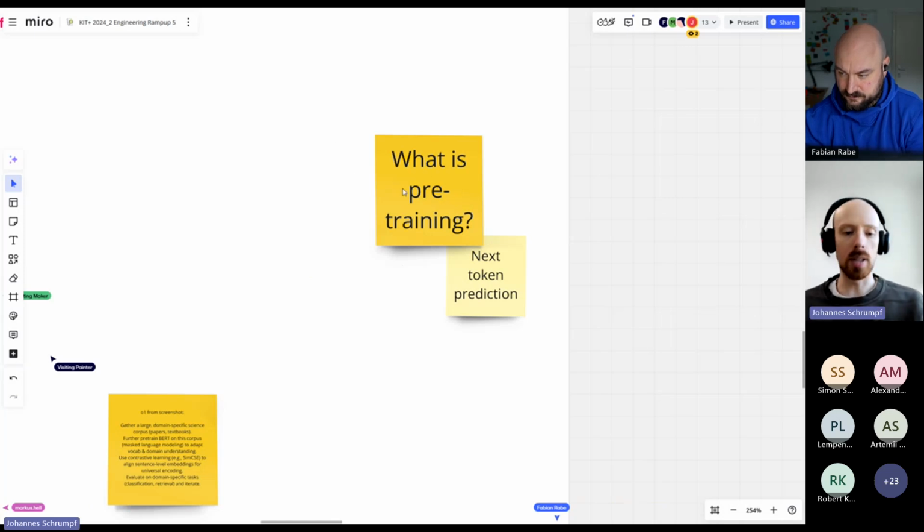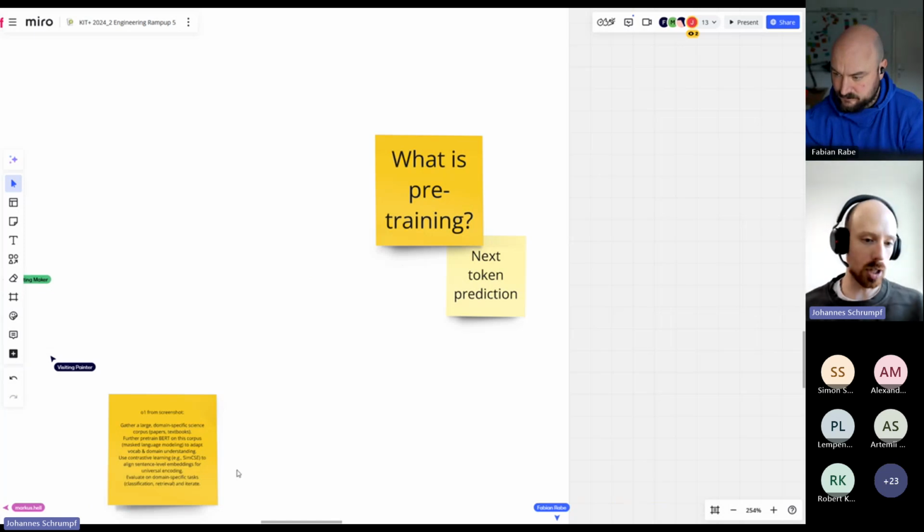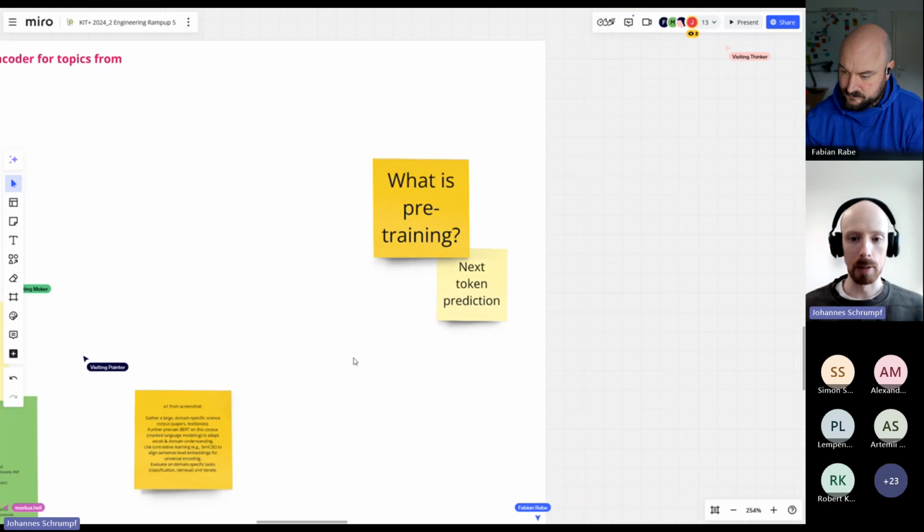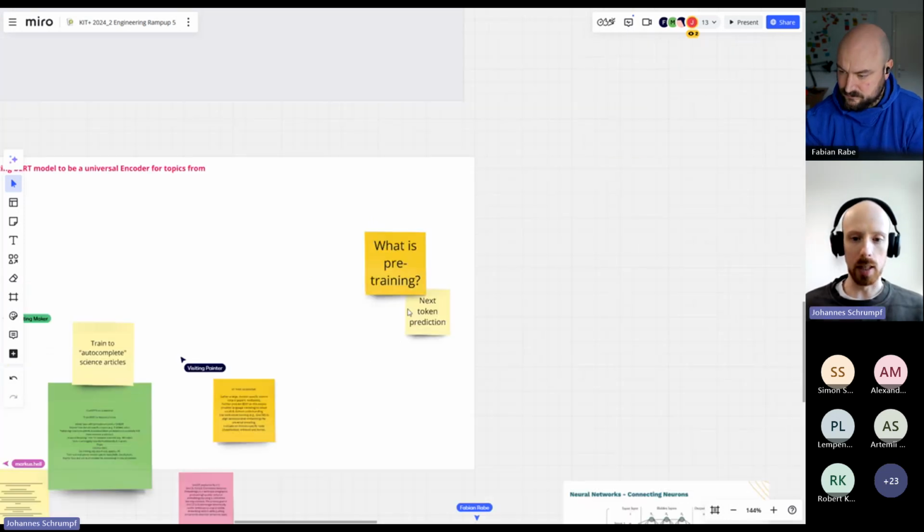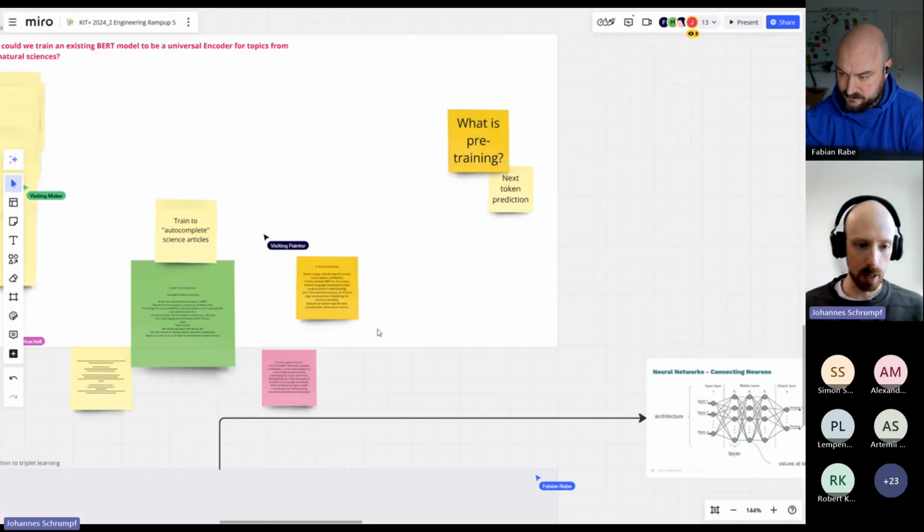So this is where you use pre-training, and in our context, and this is also what ChatGPT suggests, is to pre-train our model on a science data set, basically. And for this, we can use next token prediction.